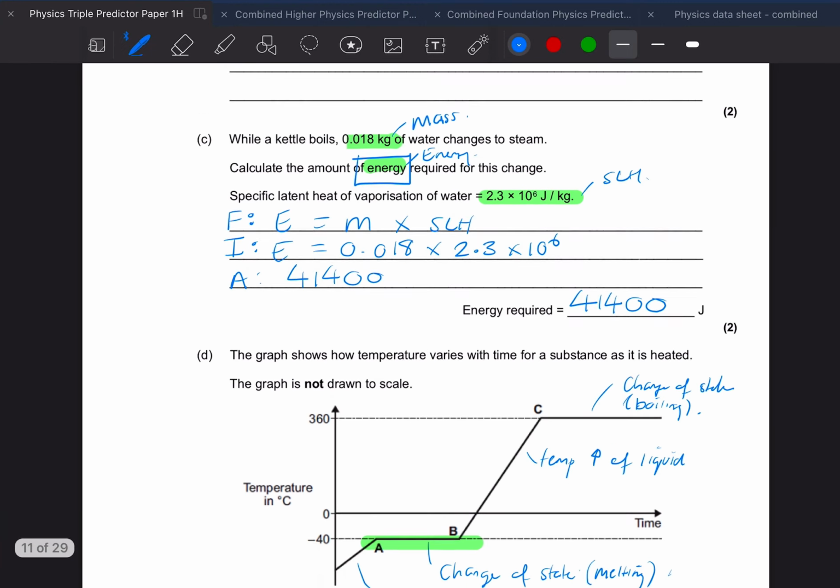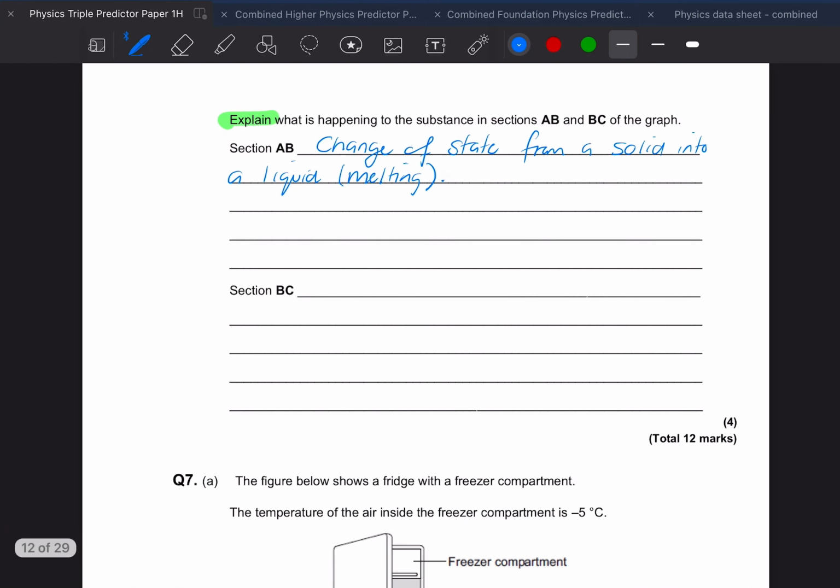Why does it look flat? And that's because the temperature is not increasing. So change of state, the temperature does not increase as energy is used to overcome forces between particles.